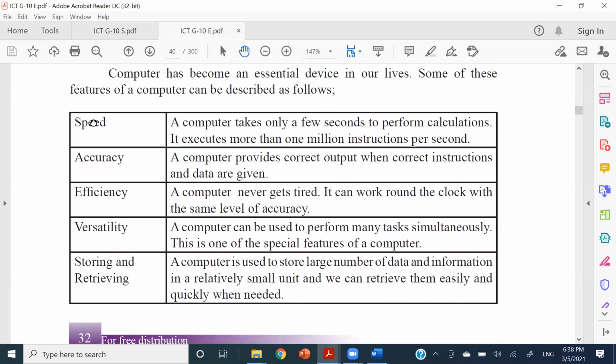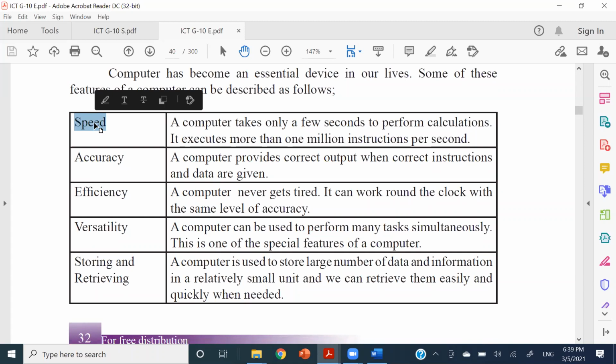The first feature is the speed. When it comes to speed, a computer processes or executes millions and billions, nowadays billions, not millions, of instructions per second. Now think about your brain, right?